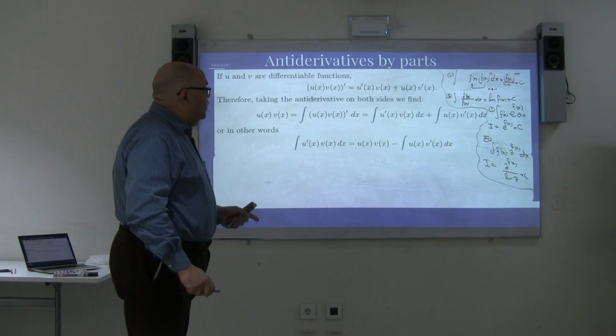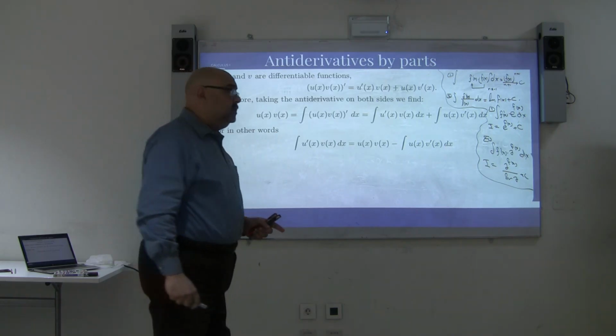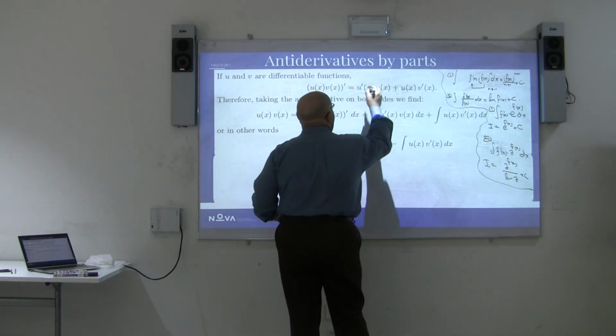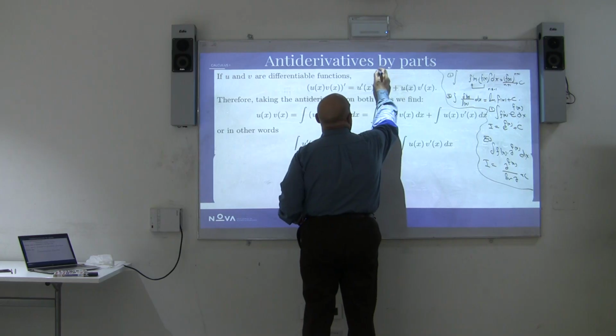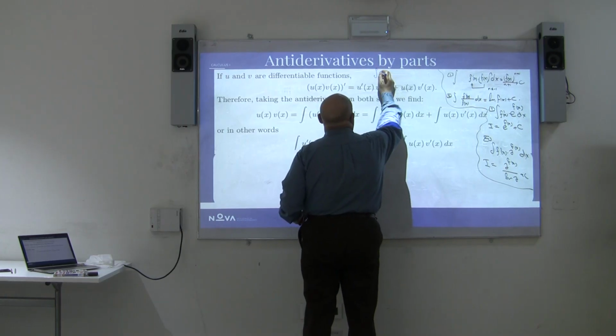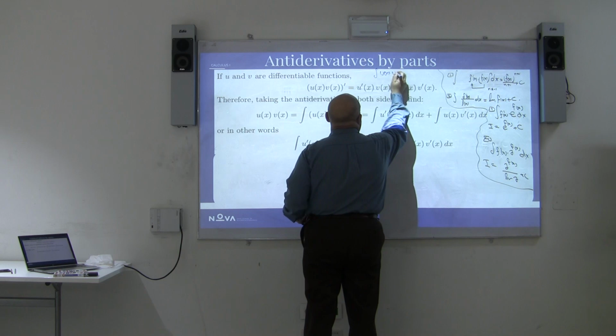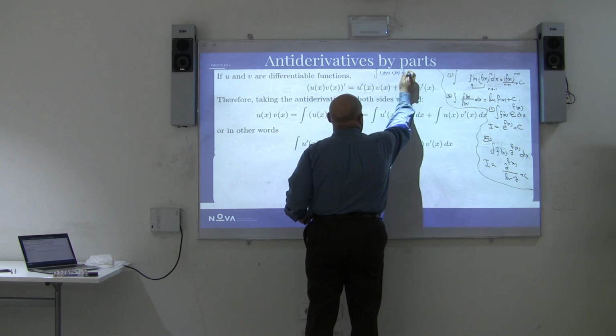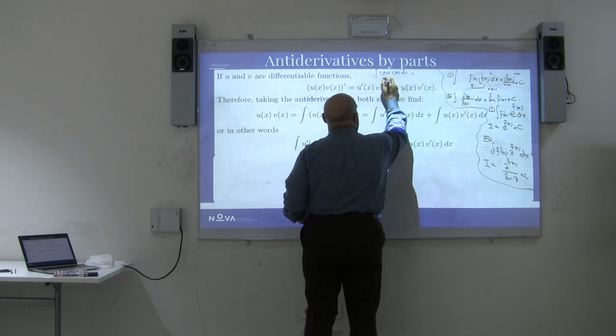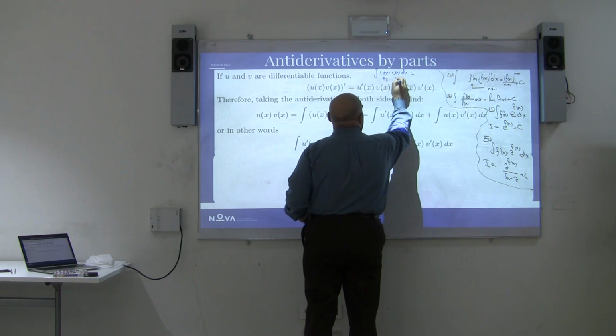Also, we took the rule of integration by parts. If you remember, I usually give it this way: if I want to integrate 2 functions multiplied by each other, I usually choose one of them to be integrated and the other one to be differentiated.